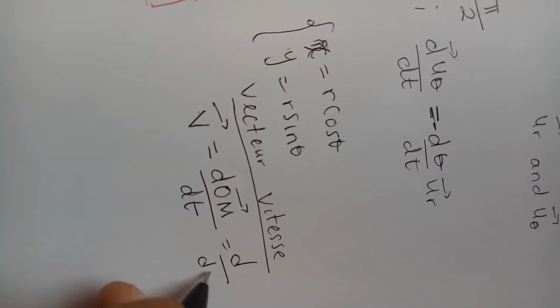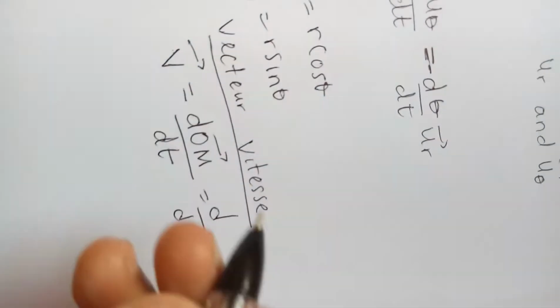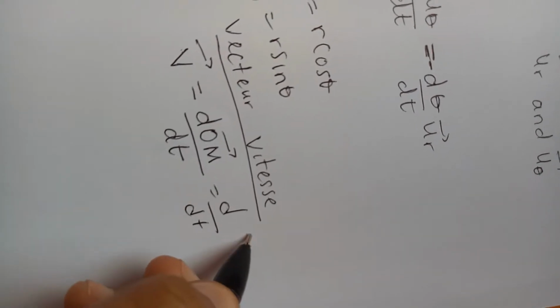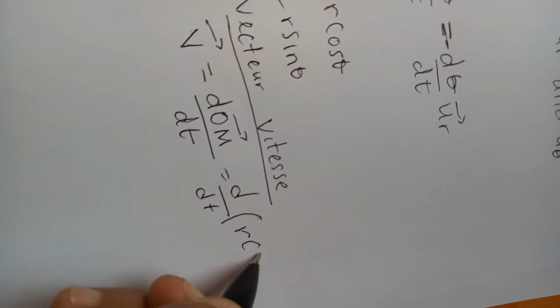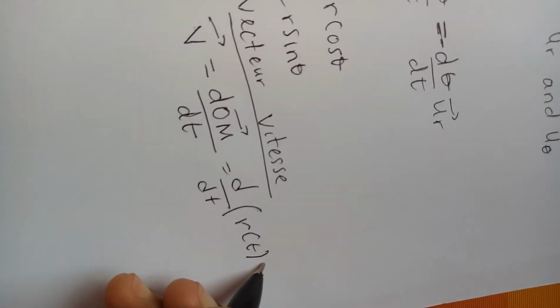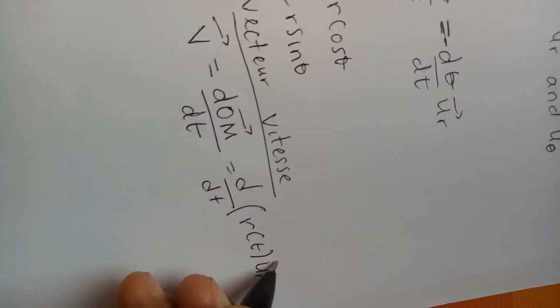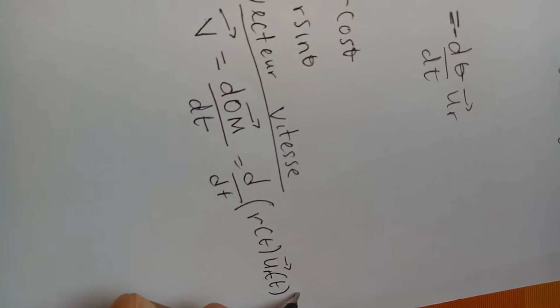And what was our OM from our other relation? We have OM as a function of time is r(t) u_r(t).